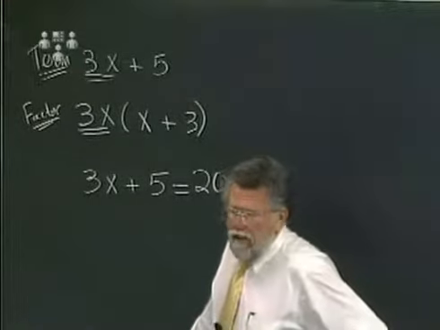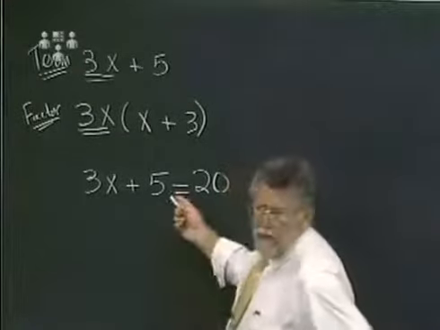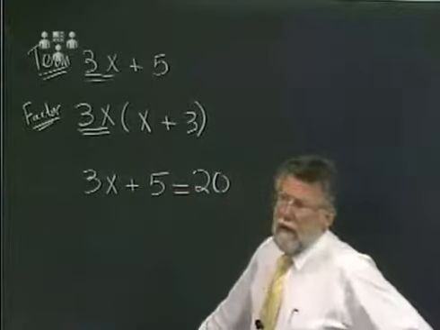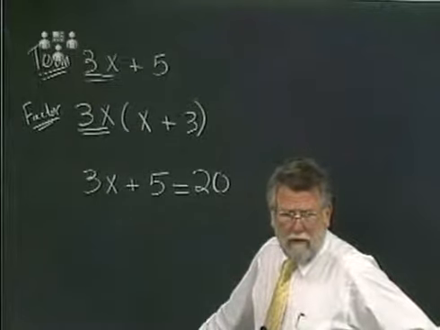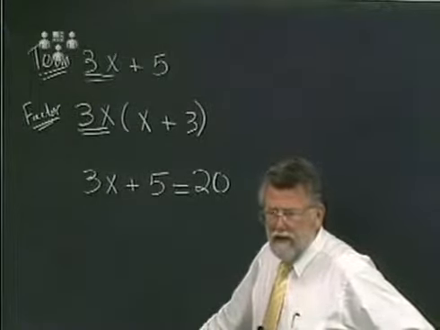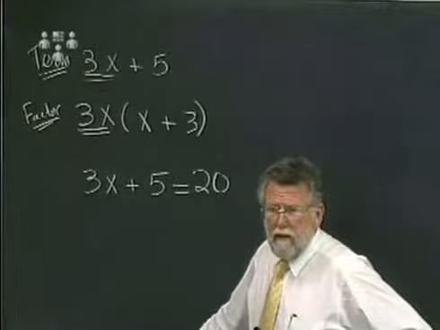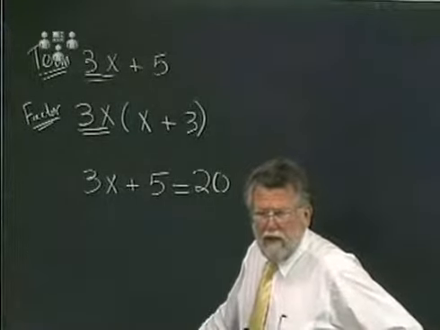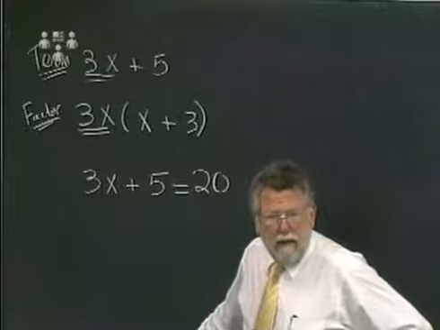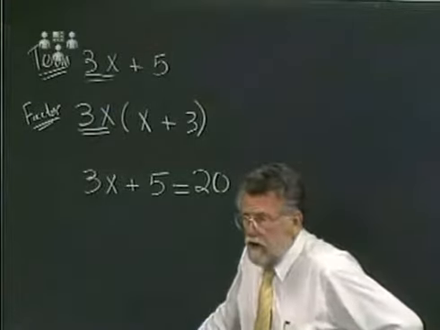Now, when we solve equations, and I'm looking at this one, you can, I hope, just look at it and say 5 works. If x is 5, the left side gives you 20. But how do we approach that in terms of solving it algebraically? By that I mean you aren't just looking.